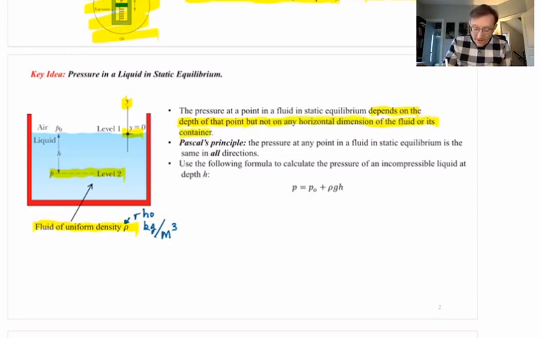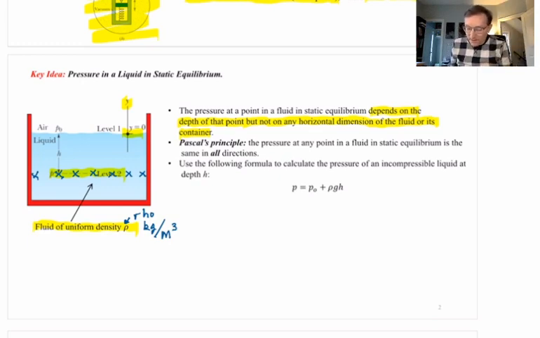To say that another way, it doesn't matter about the side-to-side dimension of the fluid. The pressure here at level 2 is the same whether I'm at that point at level 2, or that point, or that point. All those points are at the same depth. Doesn't matter where you are horizontally, only at what depth are you.